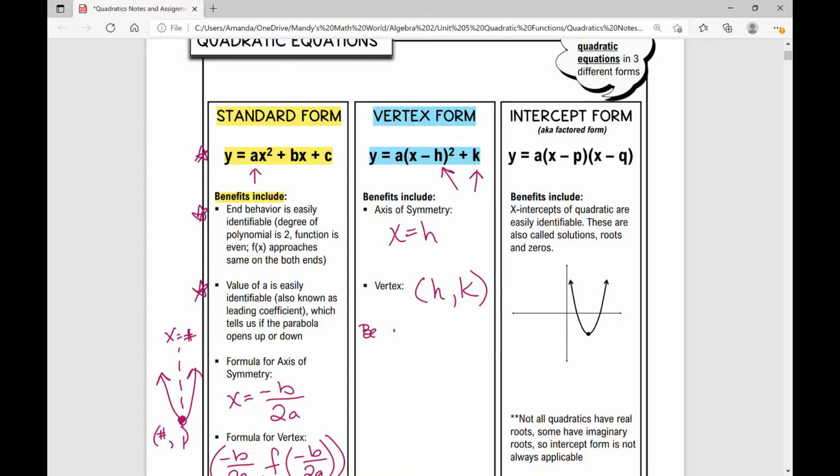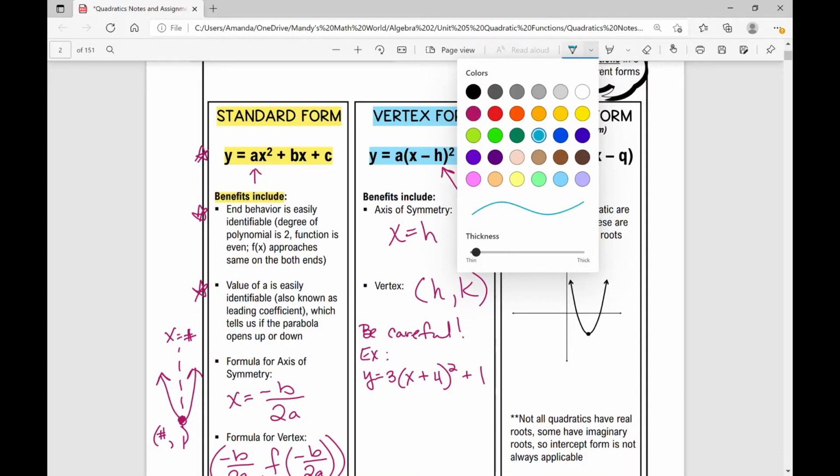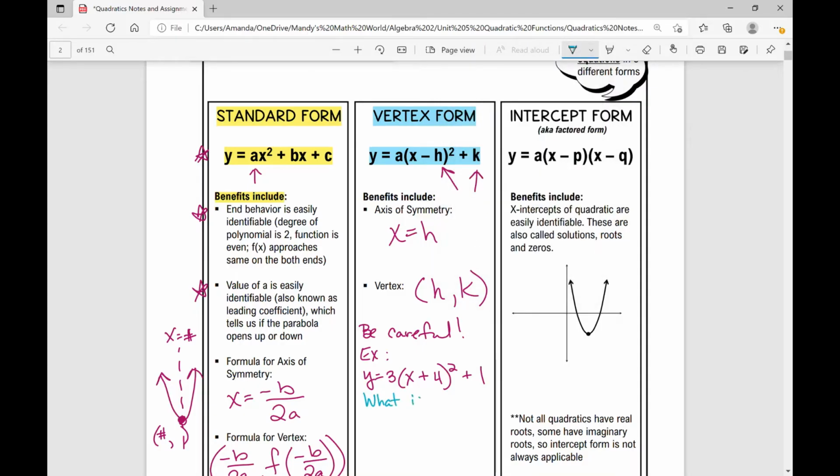But be very careful, because let's say you have something like this: y equals 3 times x plus 4 squared plus 1. So my question is, what is the value of h? I'm going to change colors here. What is the value of h?